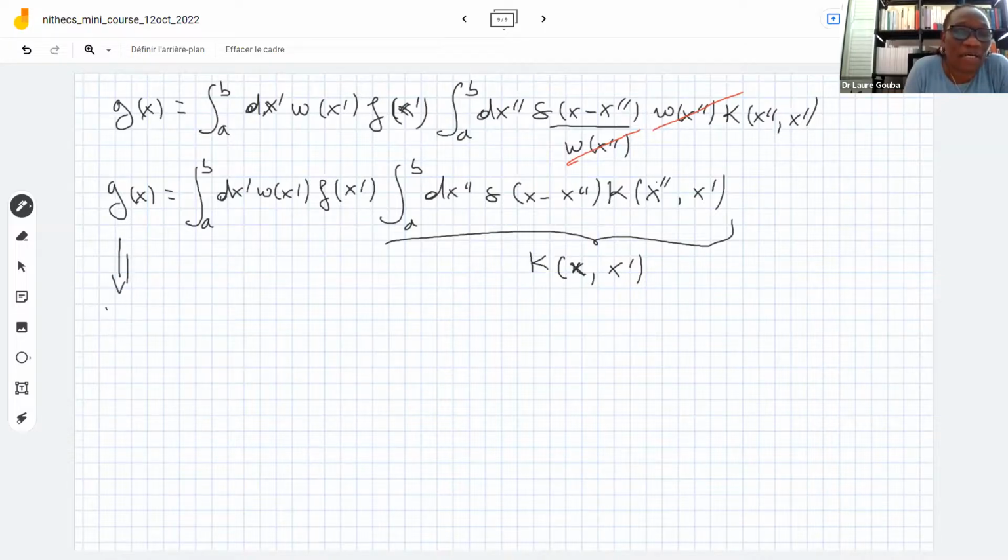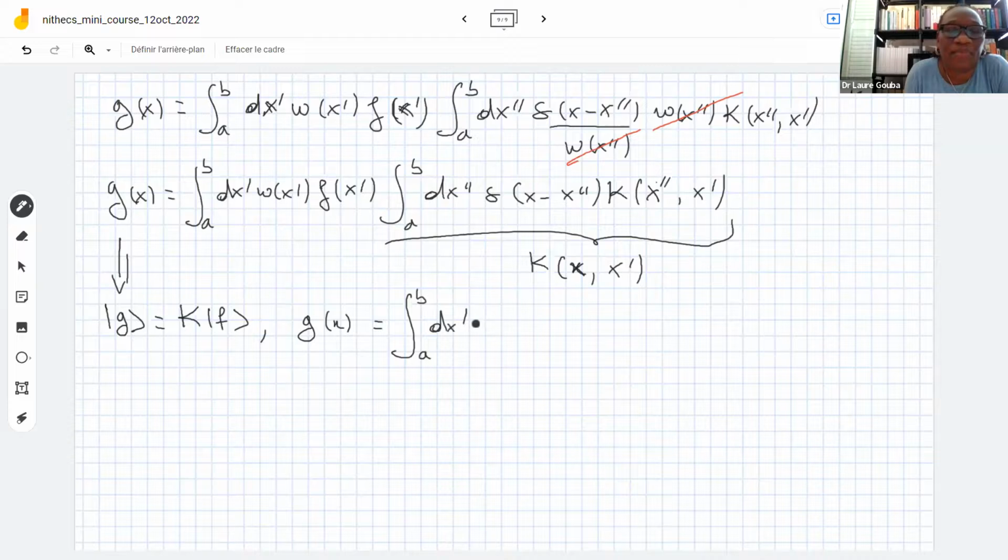For a vector g, that is the integral operator acting on f, g of x is equal to integral a b dx prime omega x prime k x x prime f of x prime.